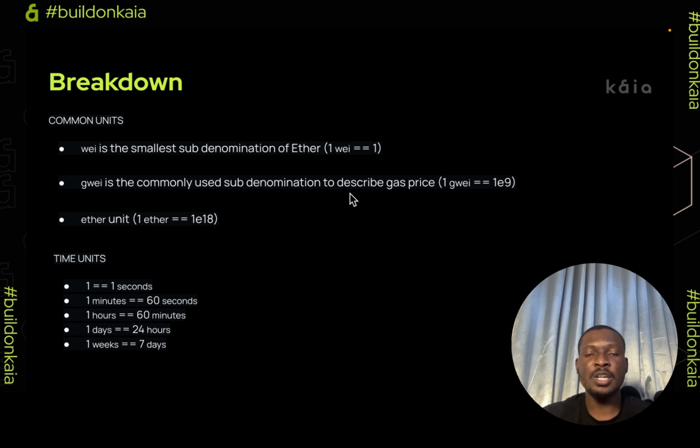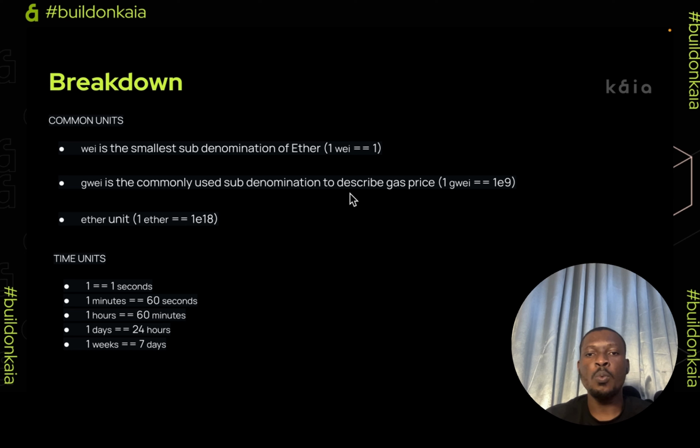For the sake of representing Ether in our smart contract, we have various subdenominations. The first, which is Wei, is the smallest subdenomination of Ether. Ether is the native cryptocurrency of the Ethereum blockchain and is used for paying for gas fees.